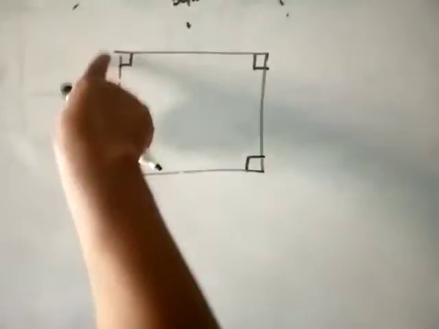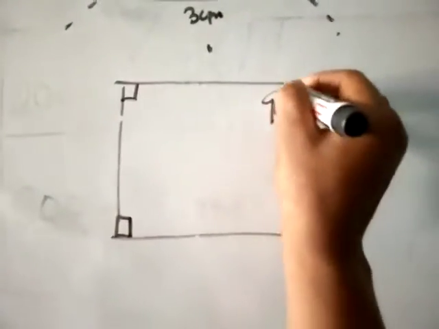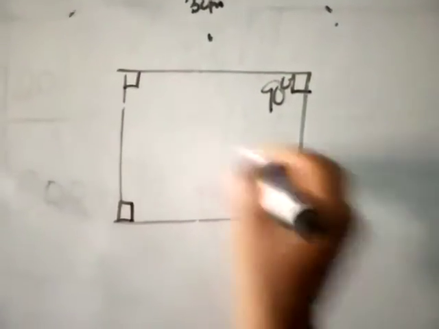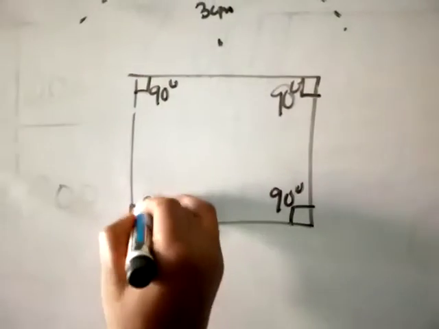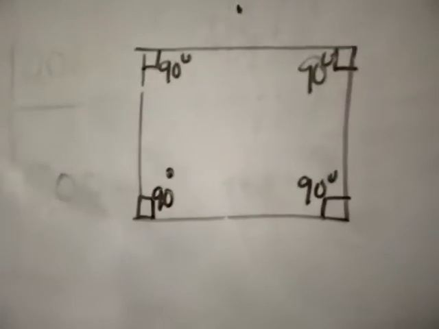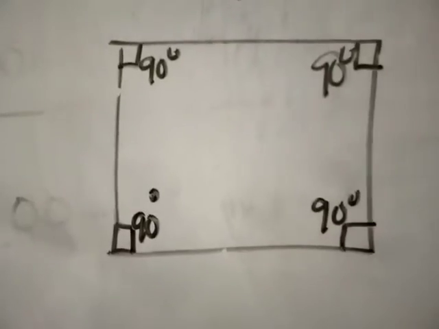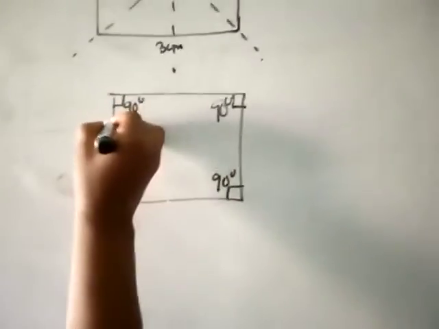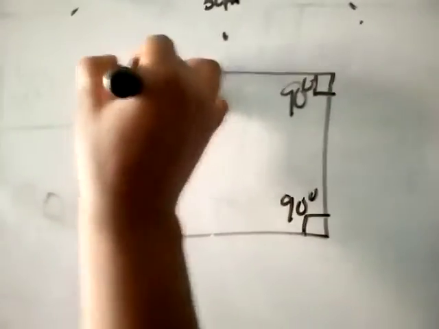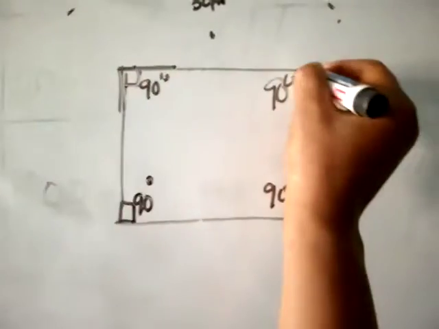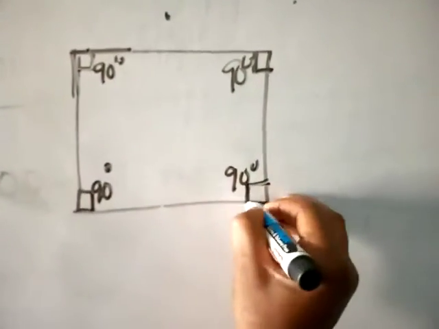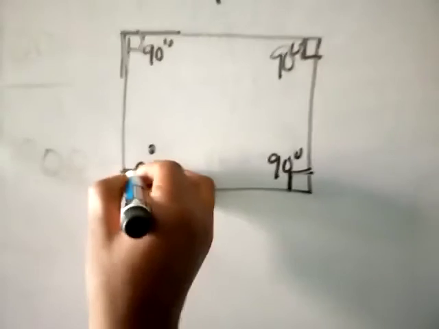All the angles are square corner, which is 90 degrees each. And we also said the angles are at right angle. Look at it. This is what we call a right angle.